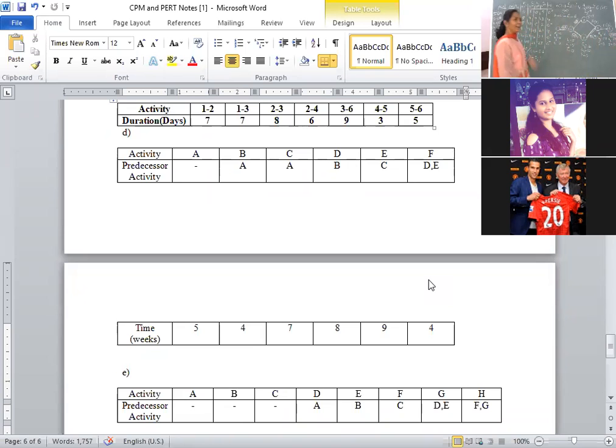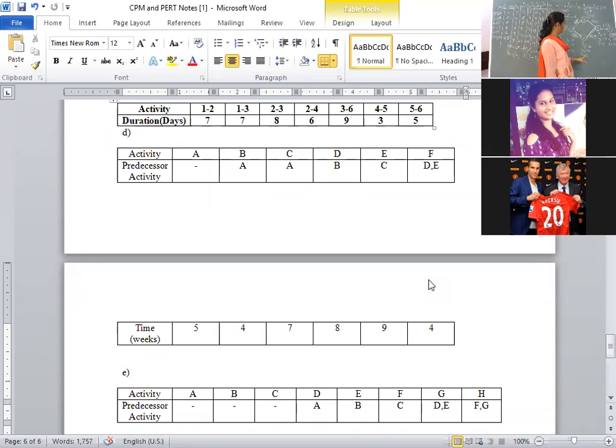Okay. The other way how to verify without using floats, what I told. Wherever you get the slack value as 0, that is your critical path. Verify. At node 1, your slack value is 0. At node 2, the slack value is 0. That means 1 to 2 is your critical path. At node 3, slack value is 4. That's why 2 to 3 cannot become a critical path.